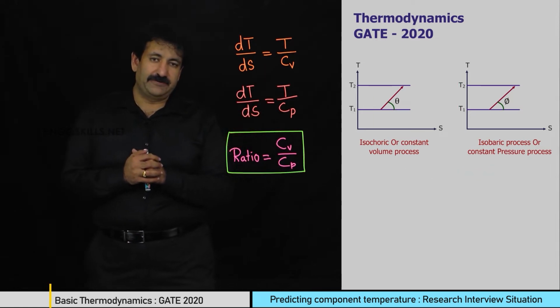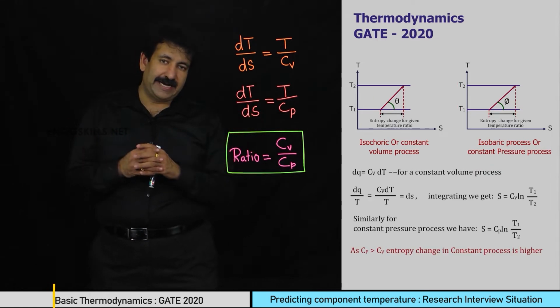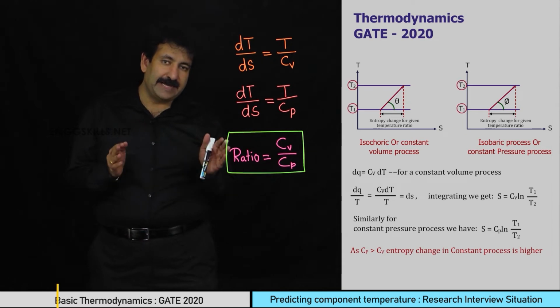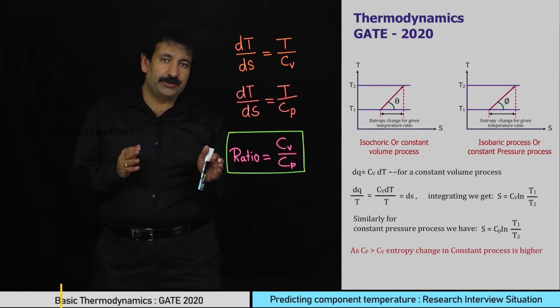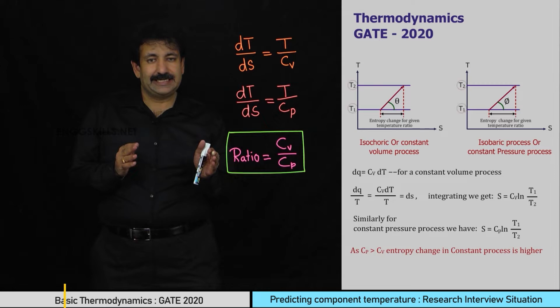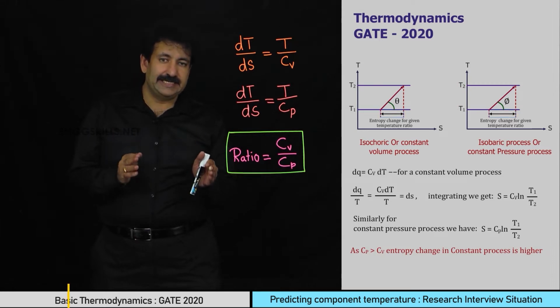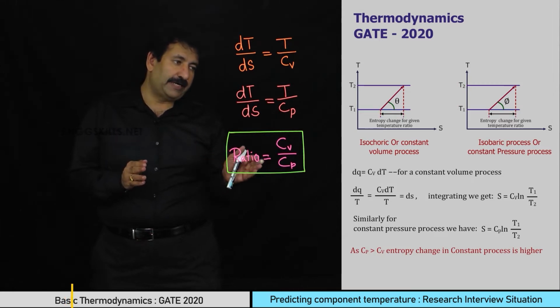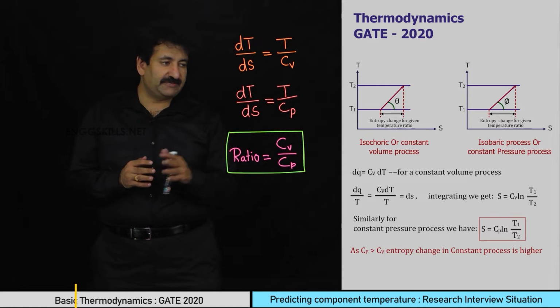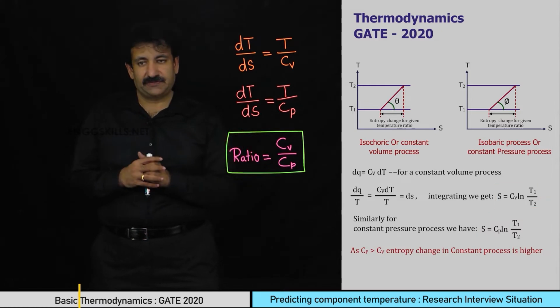Of course, if you derive an expression for entropy for the same temperature ratio, you can appreciate that the entropy change is in fact higher for isobaric process when compared to isochoric process.